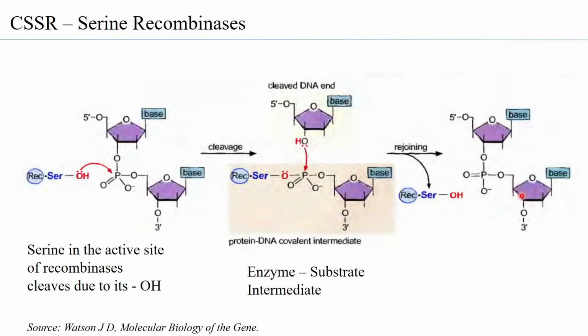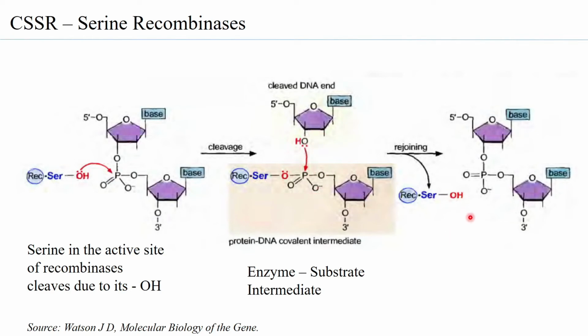Now understand that this DNA can be a different DNA. When it cuts the two, it gives an opportunity for another DNA to come in and bind over here. So the cutting is of a particular DNA, but the joining may be between two different DNA, with the OH of this DNA acting as a nucleophile and carrying out the activity.